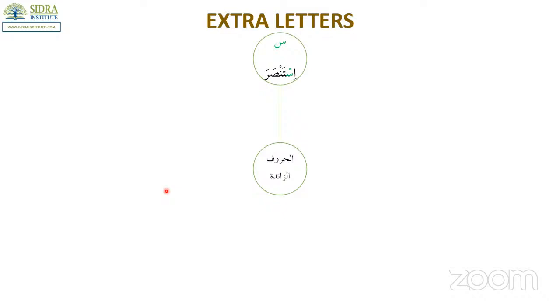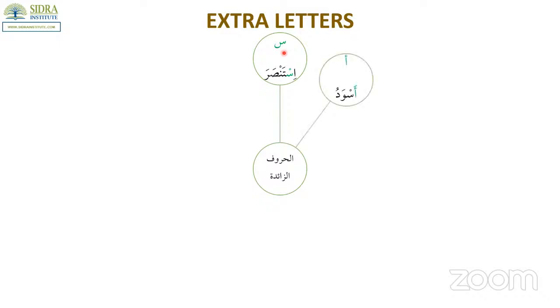I know the alif is an extra letter, the ta is also an extra letter, but we're just mentioning one by one. So seen can appear as an extra letter. Let me give you another example. Yastakthiru. When you say the word yastakthiru, the sin in there, because it's from bab istif'al, will be an extra letter.